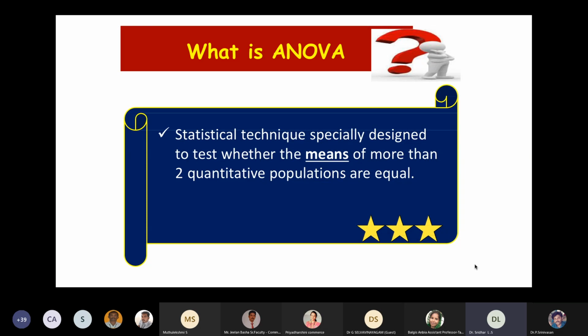ANOVA, quickly. What is ANOVA? You analyze the variances of quantitative populations, for example a stress level measurement, or a salary level to see which faculties receive more salary.